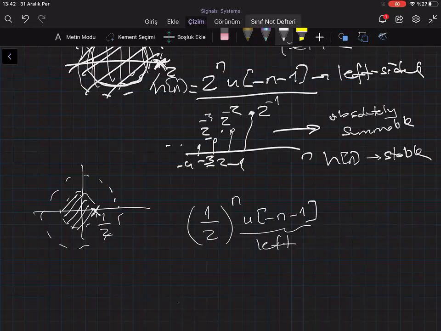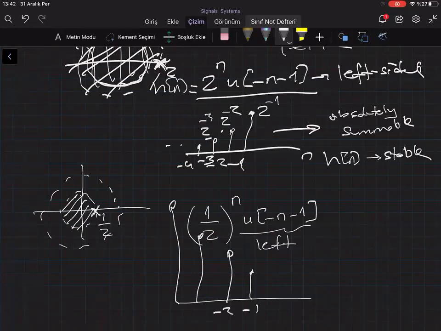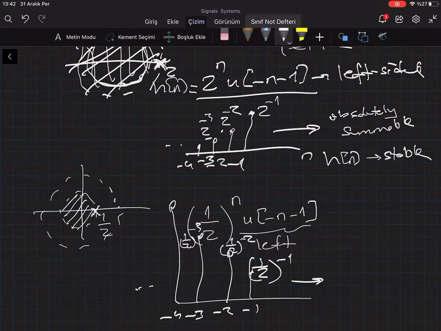What is my sequence then? It is 2, 4, 8, 16, right? This is 1 over 2 to the power minus 1, 1 over 2 to the power minus 2, 1 over 2 to the power minus 3, and so on. So is this stable? No, it is not. It is not summable, not absolutely summable.